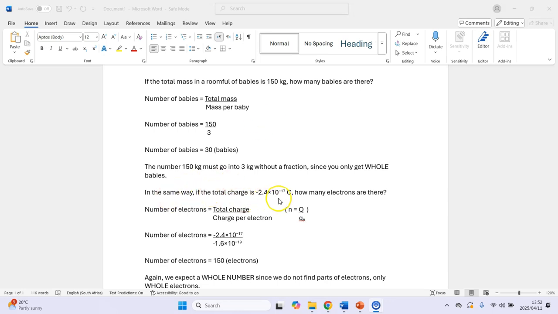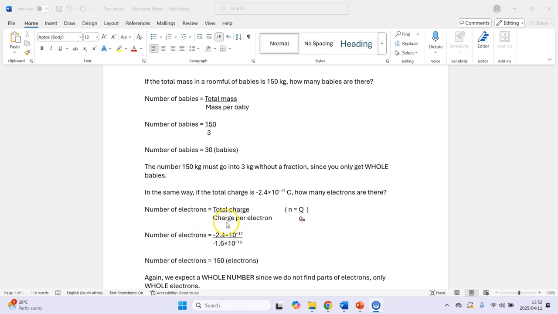Now, in the same way, if you're given the total charge of a system, you can figure out how many electrons there are in the system. The number of electrons is equal to the total charge divided by the charge per electron. N is equal to Q over QE is the formula that we just learned.